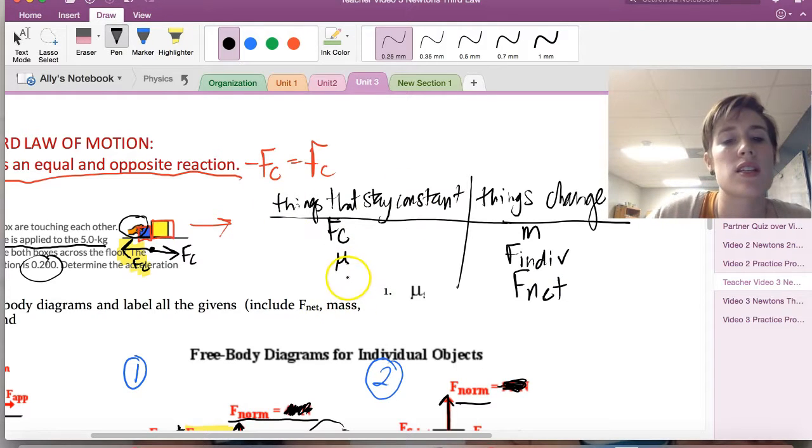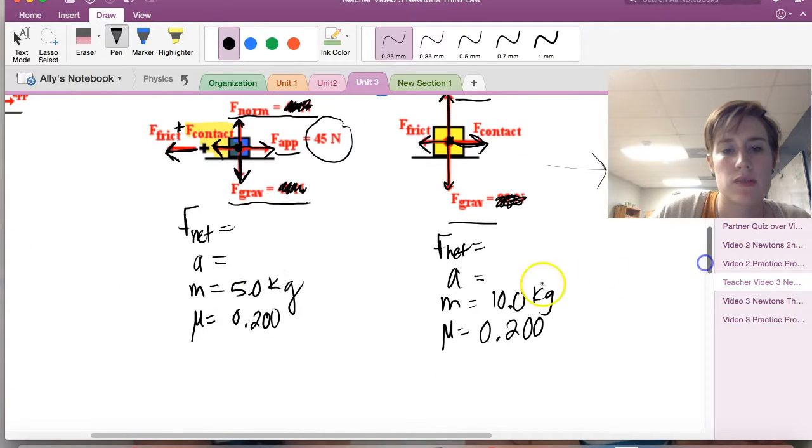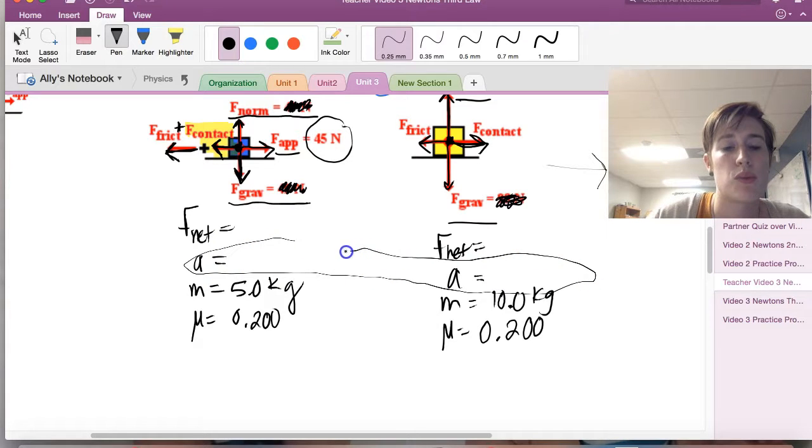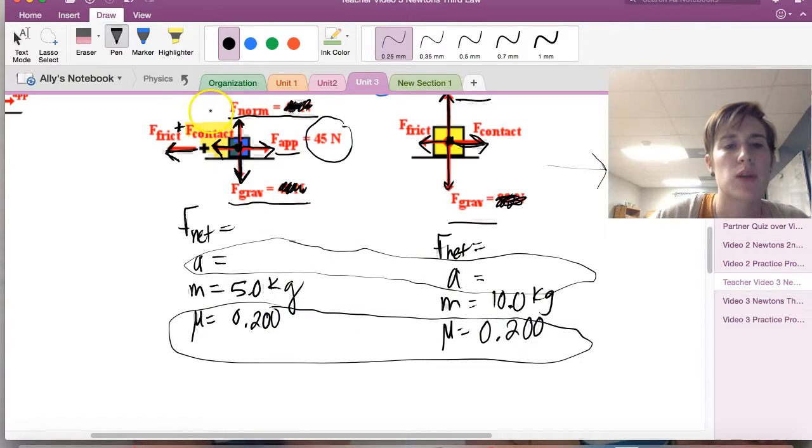Also, things that stay constant, your acceleration. If your objects are tied together, their acceleration is the same. So F of C, the coefficient of friction, and acceleration are actually the same values. So acceleration in both of these objects, whenever we find it, it's the same for both objects. Coefficient of friction is also the same in both objects, as well as your contact force.